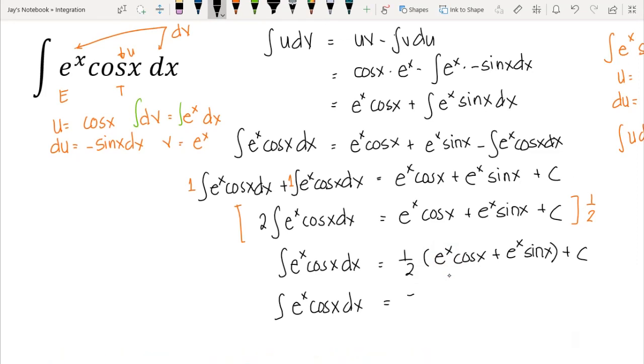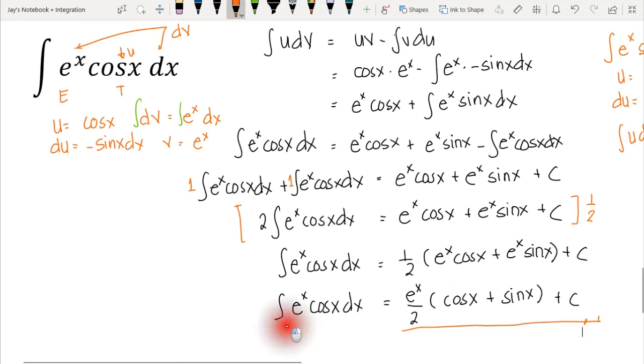We have e raised to x over 2 times the remaining inside the parenthesis, that is cosine x plus sine x, plus c. So therefore, this is now the integration of e raised to x cosine x dx.